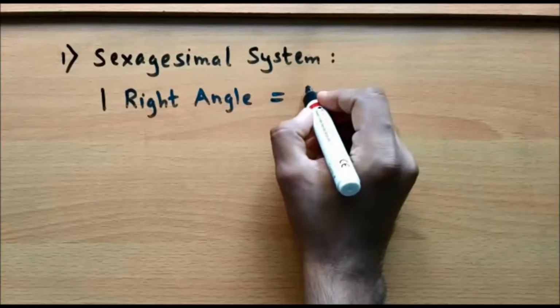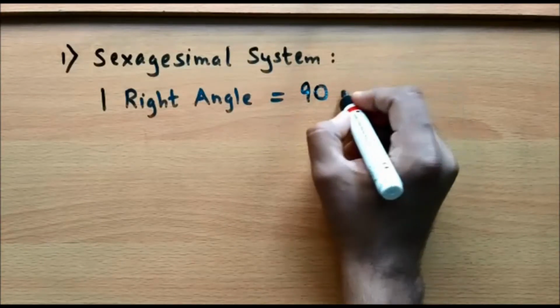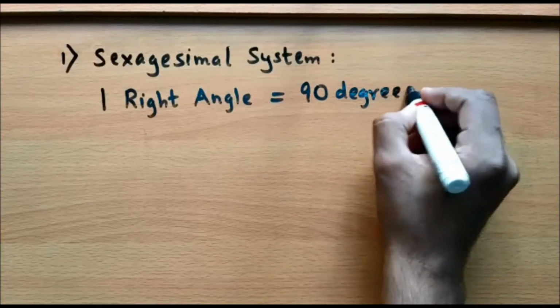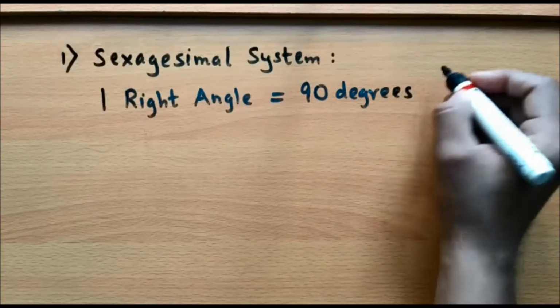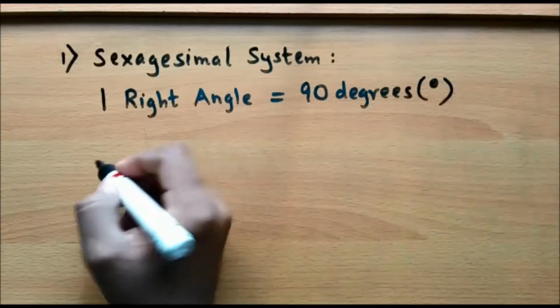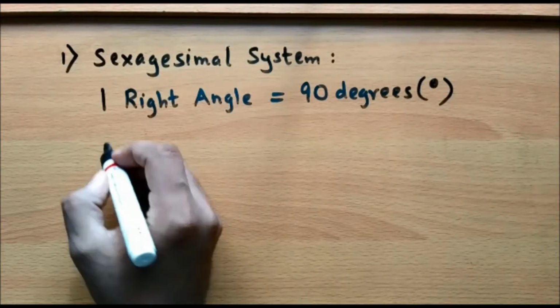So one right angle gives 90 degrees. I hope you all know the symbol for degrees: a small circle at the top. So one right angle is 90 degrees.